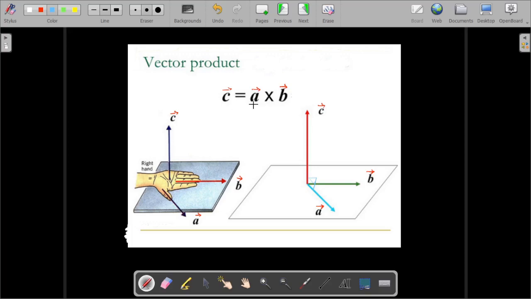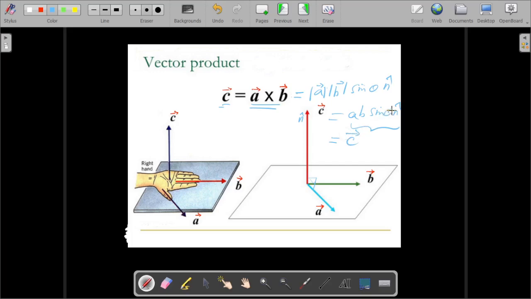We denote this whole value and direction by vector C. So C equals AB sin theta n cap, where n cap is in the direction of C. The whole direction and value is denoted by C in this figure.